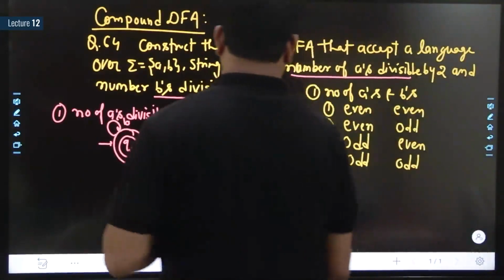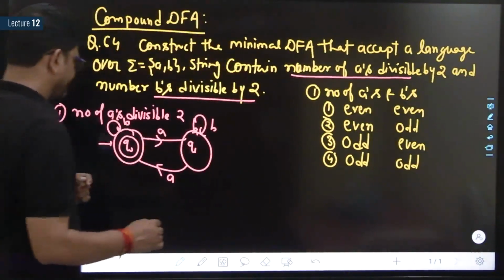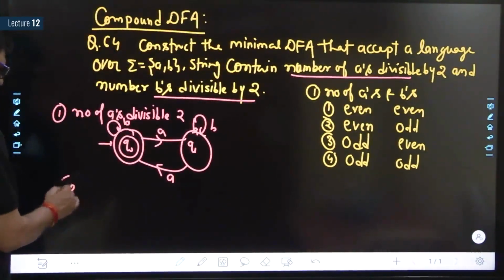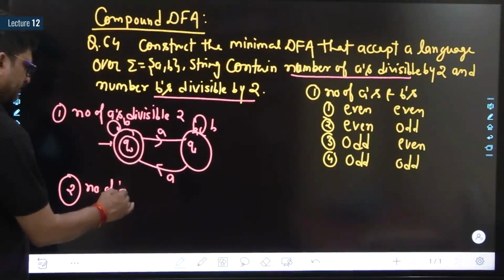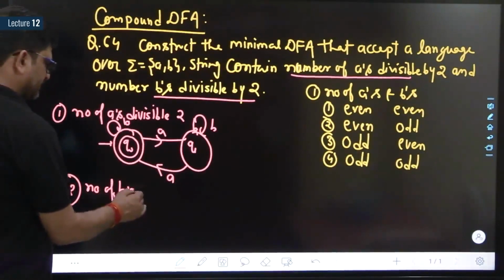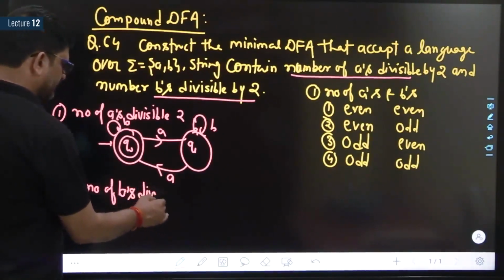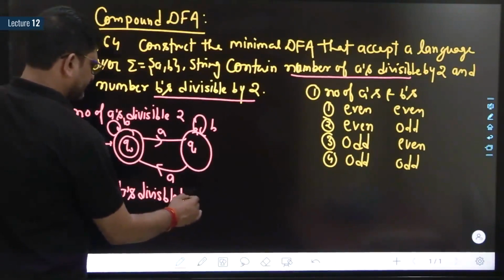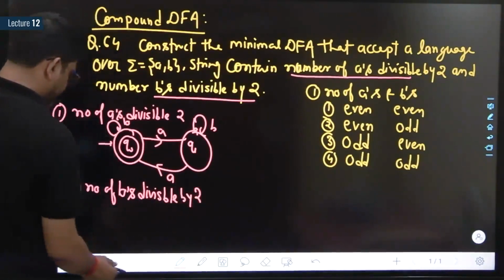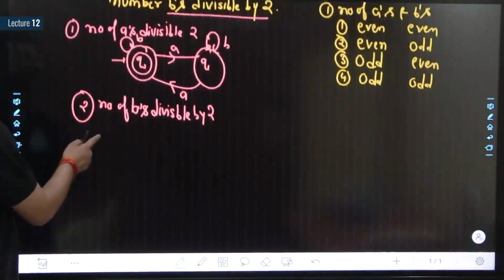Second DFA, number of B's divisible by 2. What is the DFA for that?